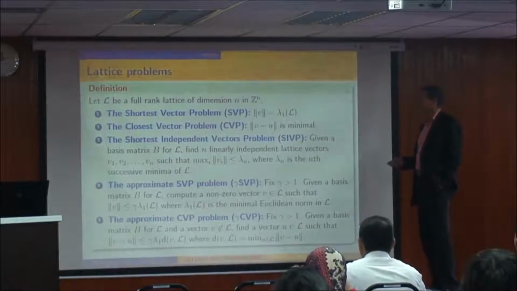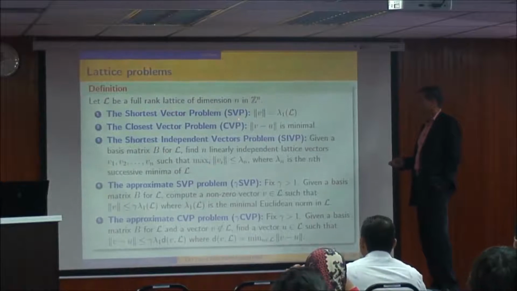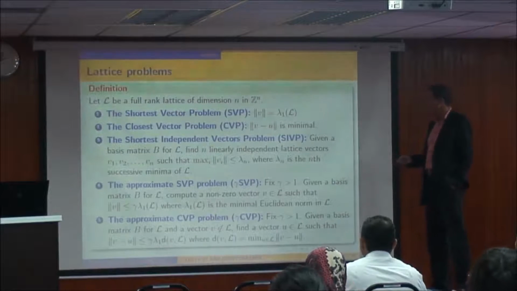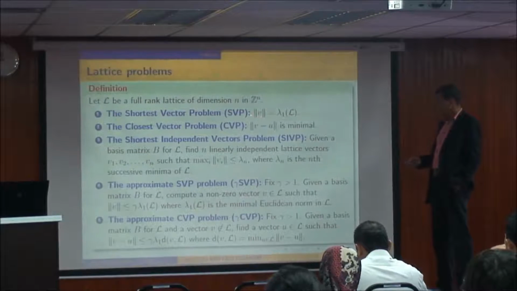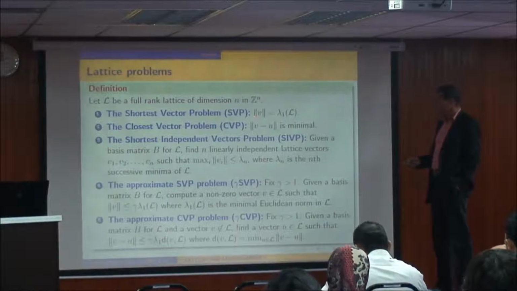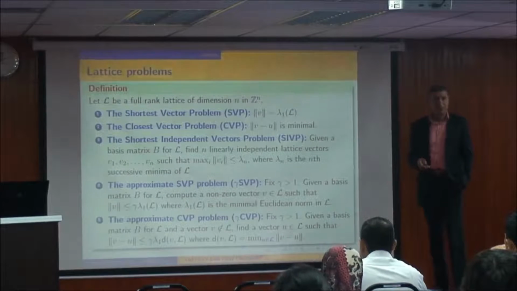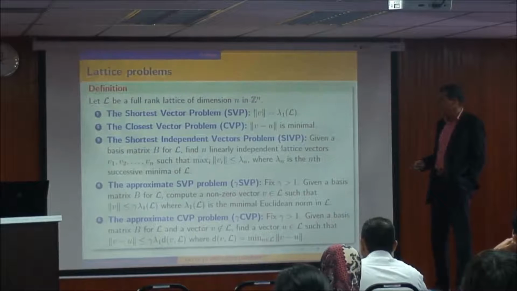For example, we have the shortest vector problem, SVP. Here you need to find the shortest vector in the lattice such that the norm of v is lambda 1, and lambda 1 is the norm of the shortest vector in the lattice.